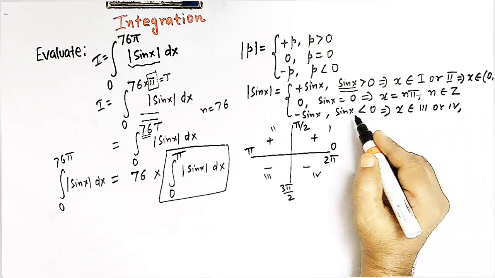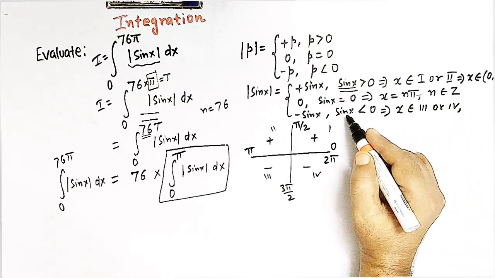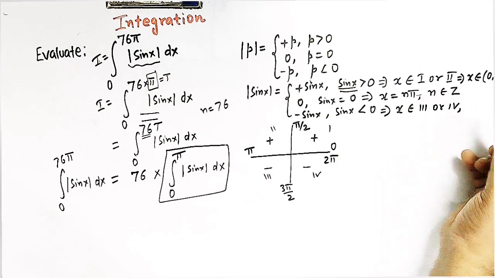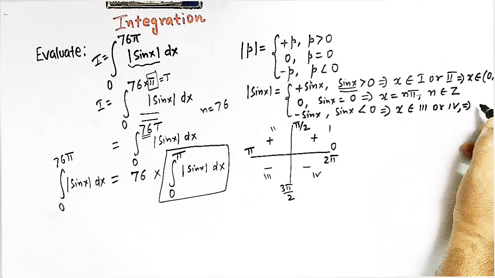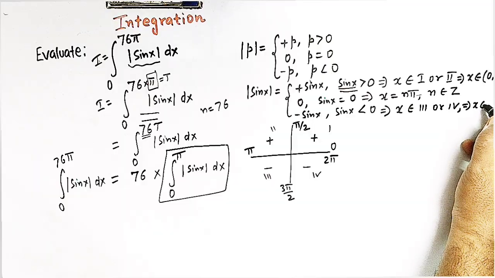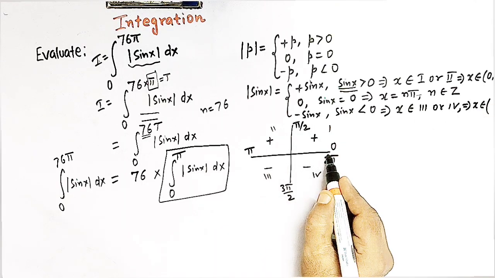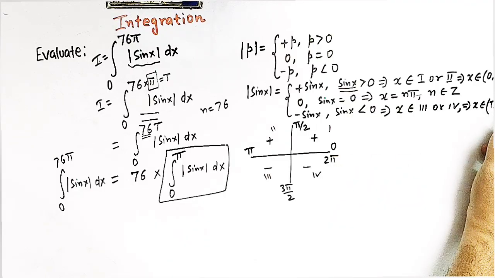And sine x is less than 0, or sine x is negative, when x belongs to the third or fourth quadrant. So from here we can write x belongs to the interval from pi to 2 pi, right? So here we write pi to 2 pi.